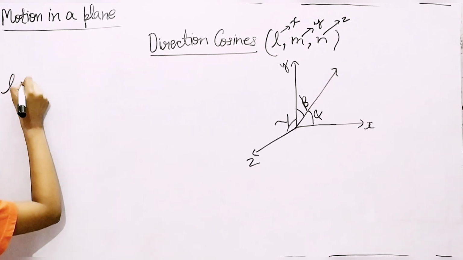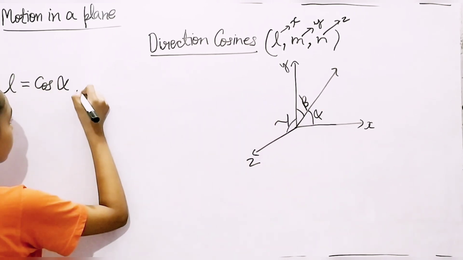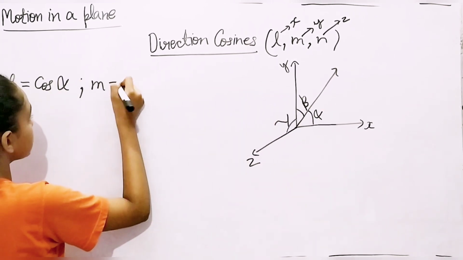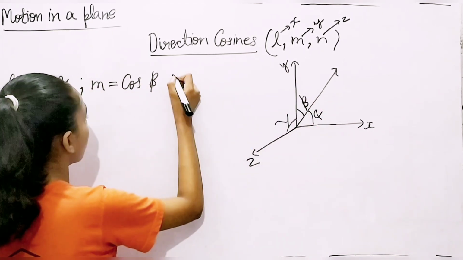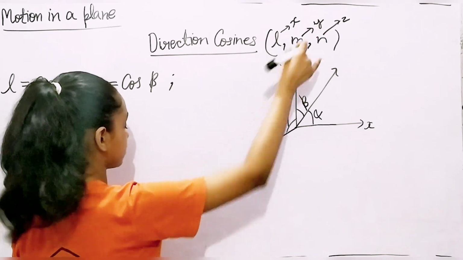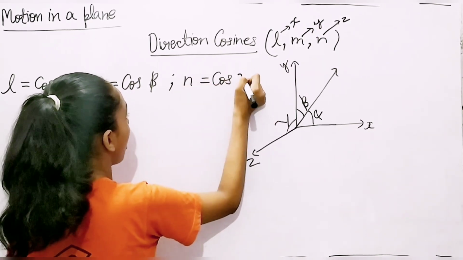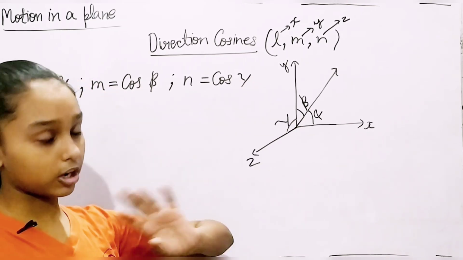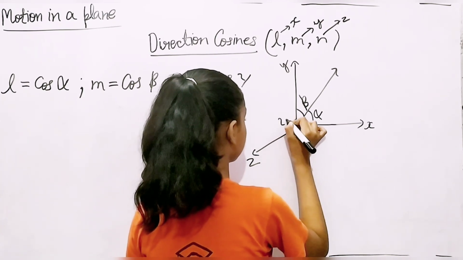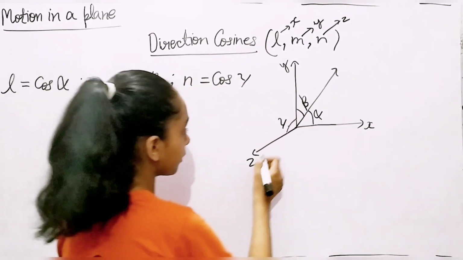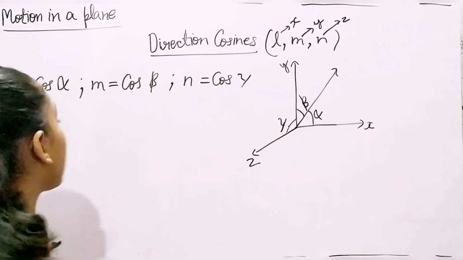L is equal to cos alpha, and M is equal to cos beta, which is right here, and the n axis, basically the z axis, N is equal to cos gamma. This is gamma, don't take it as y. I hope you will not be confused, because I've told you.